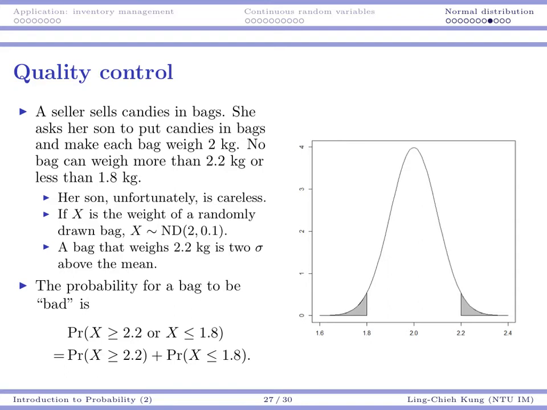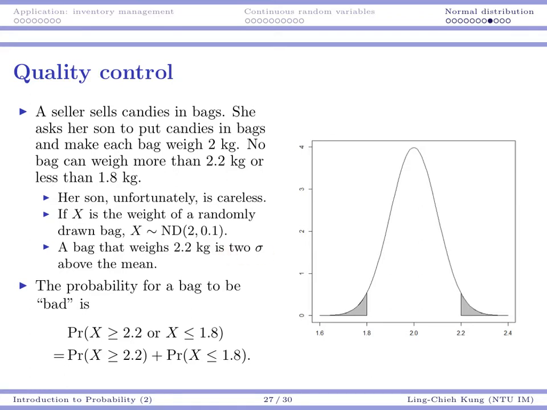So I need to know that probability. Now, I set a bag to be following this normal distribution, right? So I know 2.2 kilograms is exactly 2 sigma above my mean.